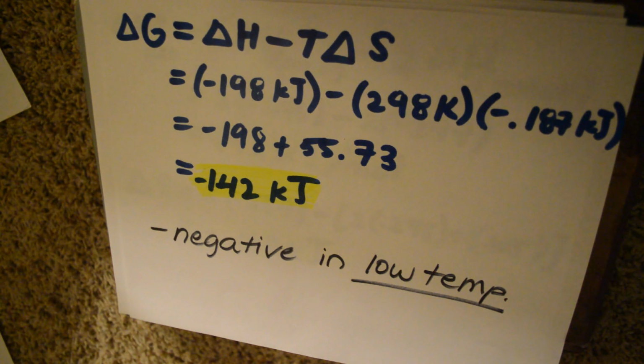And again, it's negative at low temperatures since delta H and delta S are both negative and we're given a low temperature.